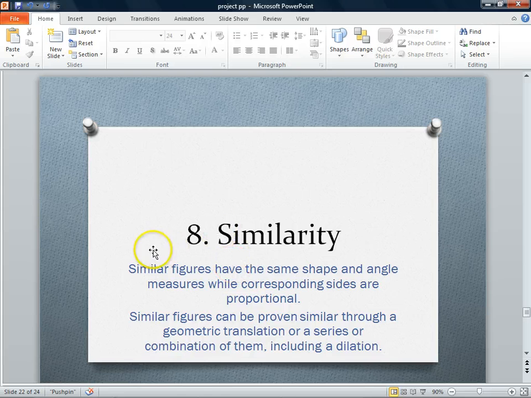When we talk about similarity, similar figures have the same shape and angle measures while corresponding sides are proportional. And that's the key difference, is that we use the dilation or scale factor when proving similarity, because similar figures do not have the same size while the angle measures are the same. Similar figures are either enlarged or shrunk by a scale factor.